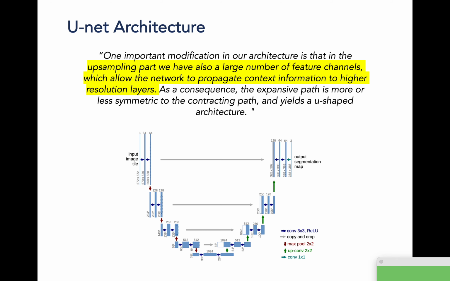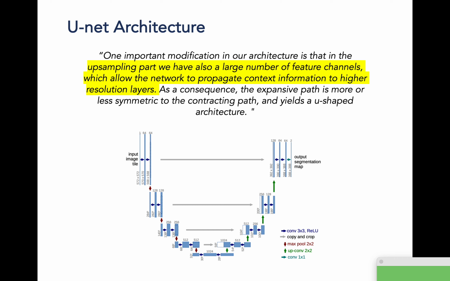So this is the U-Net architecture. The upsampling part does have, in fact, a large number of feature channels. You can see the feature channels here: 512, 256, 256, 128, and so on. This is in fact important so that the network will be able to propagate context information to higher resolution layers.